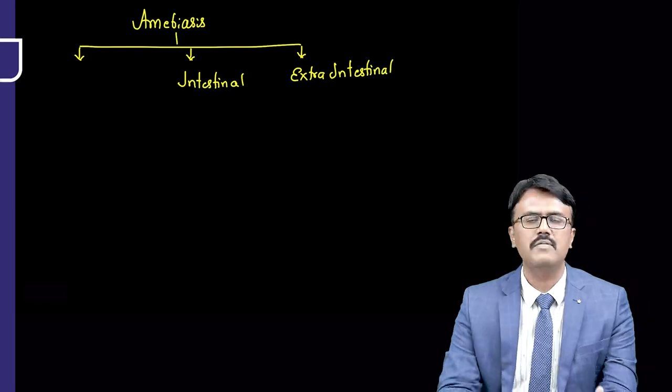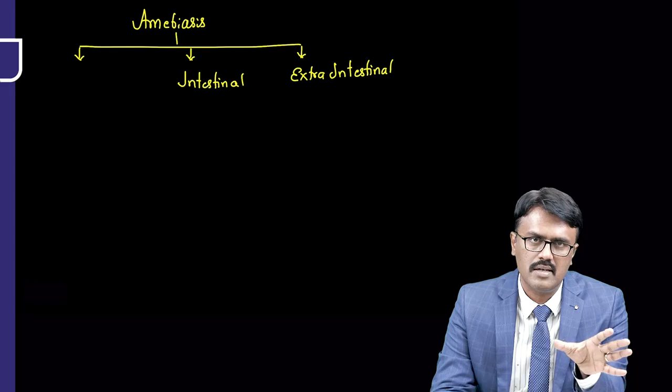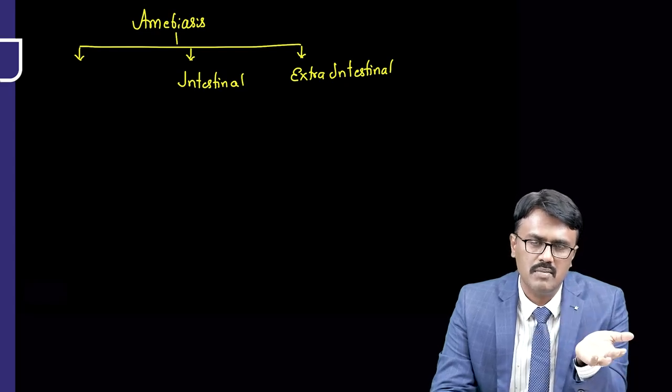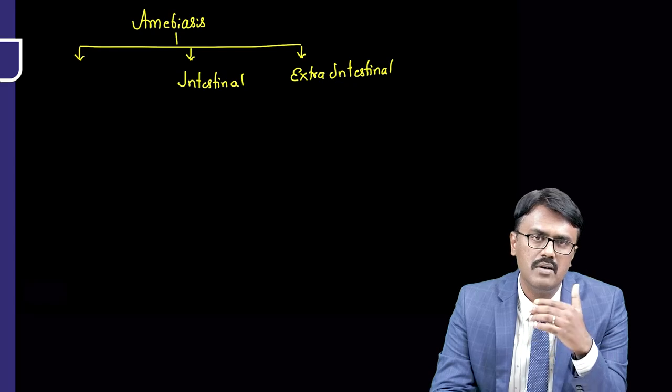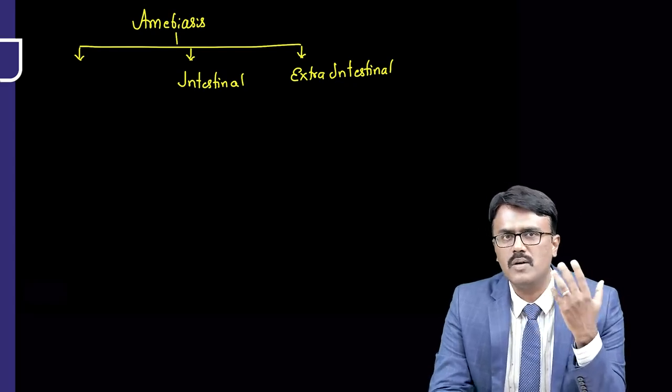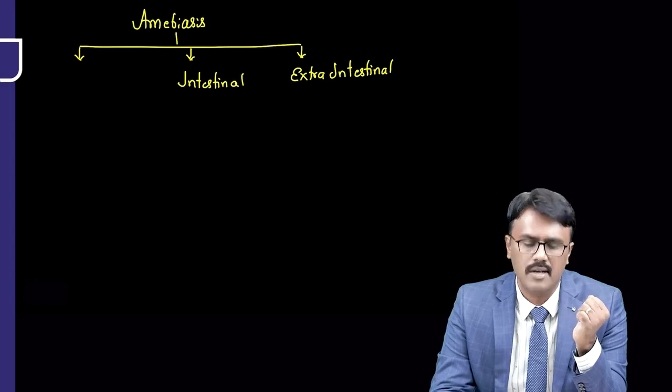What do you mean by intestinal? If the infection is mainly in the intestine and doesn't spread systemically, then it is intestinal. But if it goes from the intestine and spreads to the brain or the liver, it is called extraintestinal.